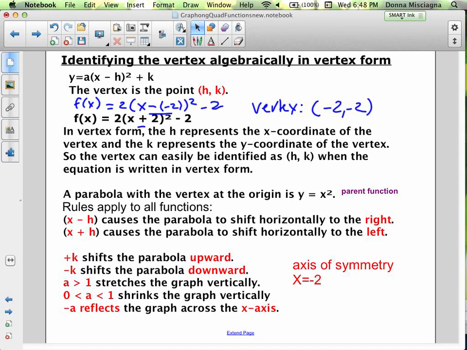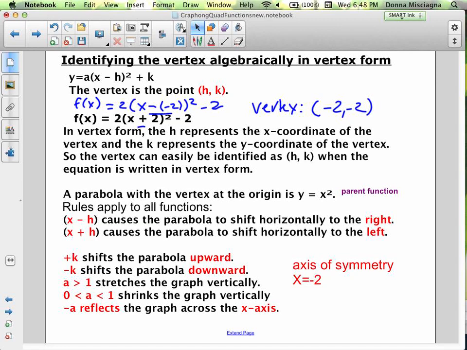That causes the parabola to shift horizontally to the right. The minus is always with the equation itself, and that'll be true for every single graph that we look at. I'll talk about why a little later on. So x plus h makes our parabola shift horizontally to the left, because that means we added a negative value.